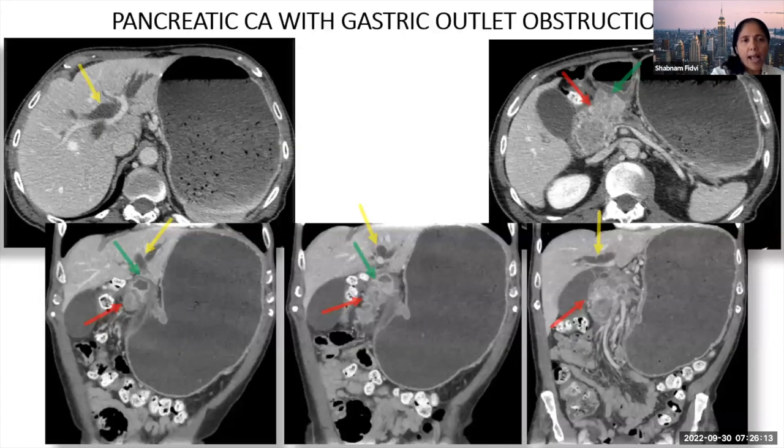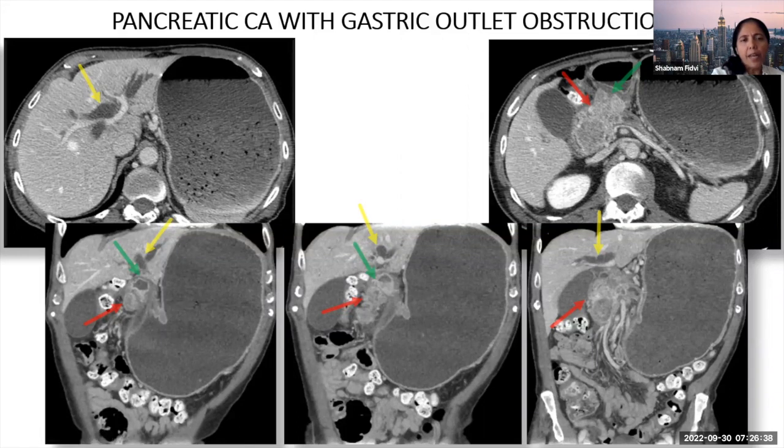So these are axial and coronal contrast-enhanced CT images of a patient with pancreatic cancer and gastric outlet obstruction. The yellow arrows show significant intrahepatic biliary ductal dilatation due to the patient's pancreatic head mass obstructing the biliary tree. This is denoted by the red arrows on the axial and coronal images.